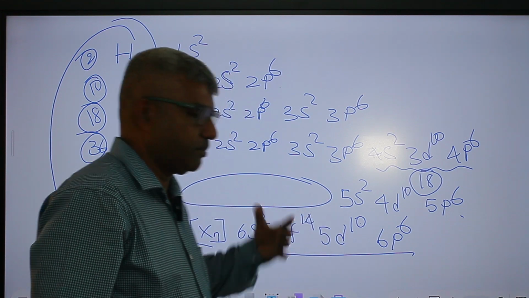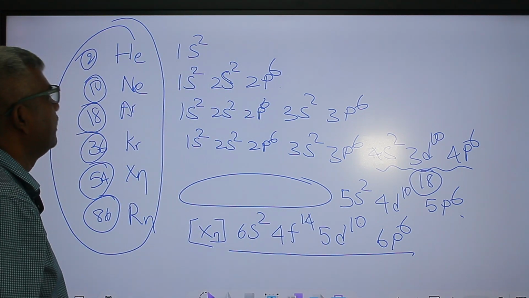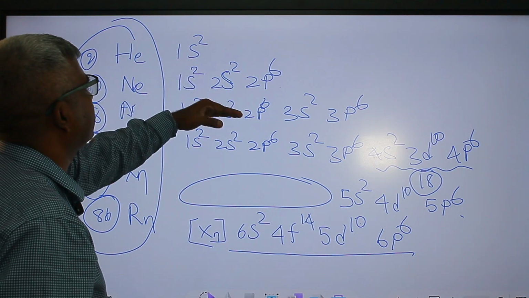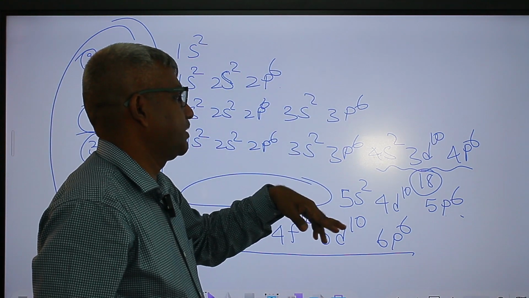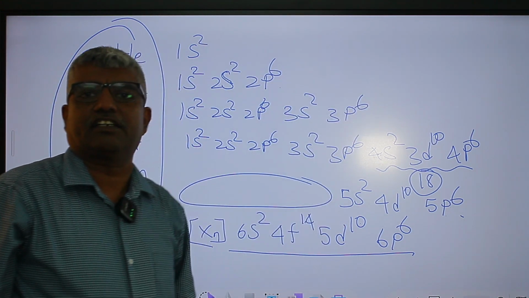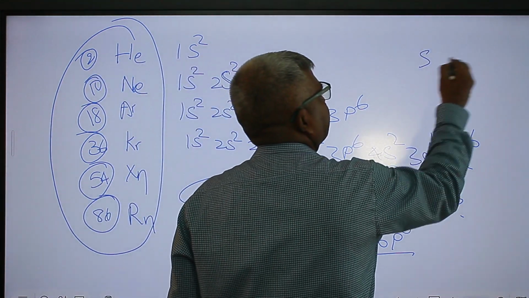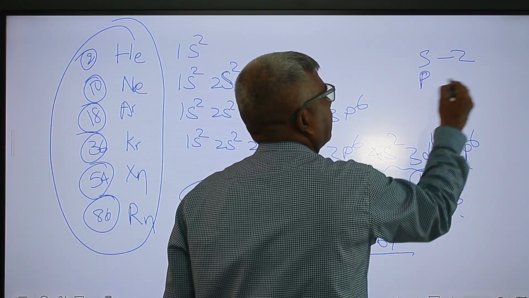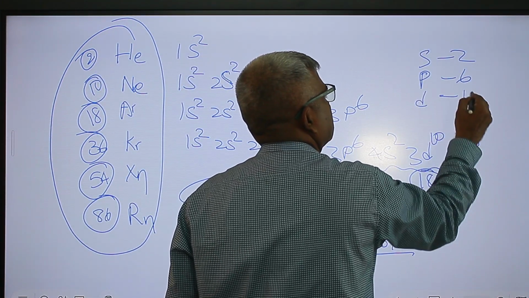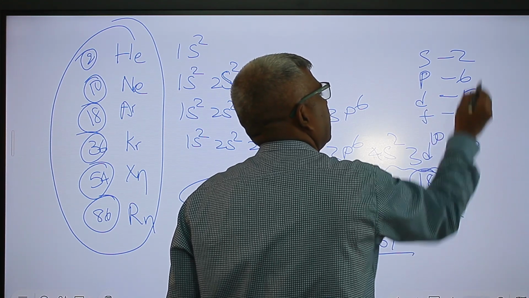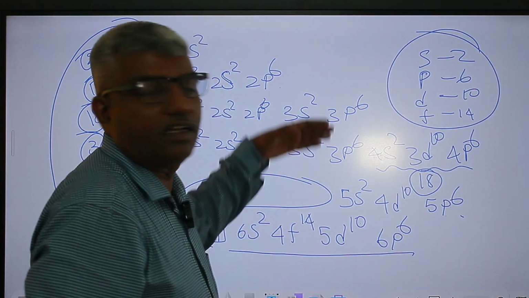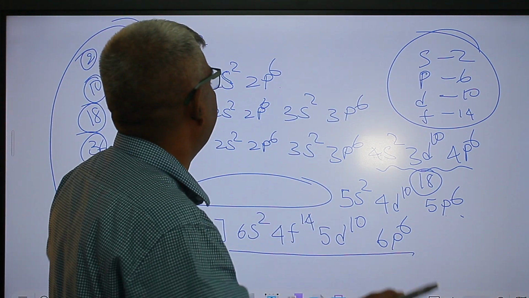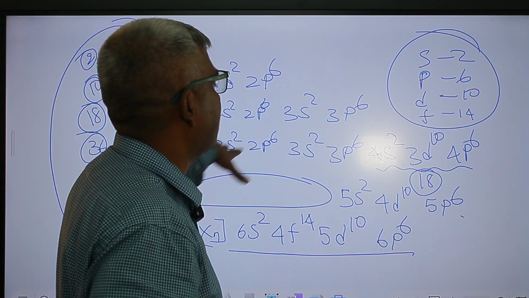Memorized? Just memorize this one. This is a very simple one. 1s2, 2s2. In s, maximum 2 electrons, p, 6 electrons, d, maximum 10 electrons. These are noble gases, where all the orbitals are filled with electrons.